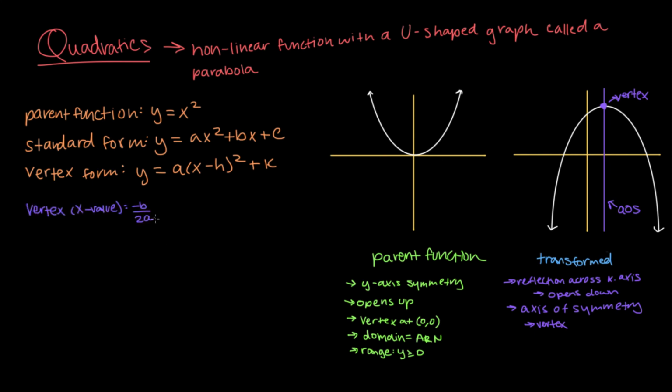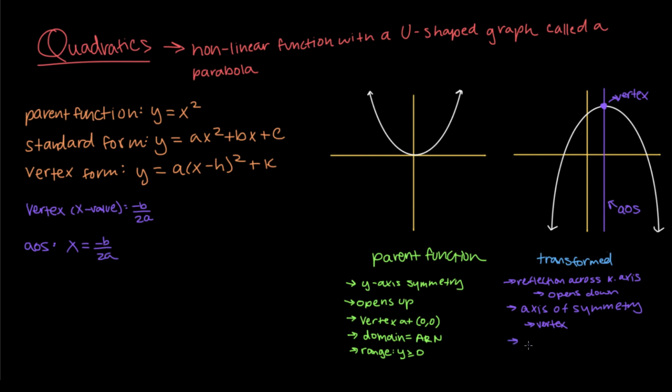So for the x value, you can always use negative b over 2a for the vertex and then plug that back into the equation to get the y value of the vertex. The axis of symmetry is also always in the form of an equation, and it is going to be x is equal to negative b over 2a, or the x value of your vertex.